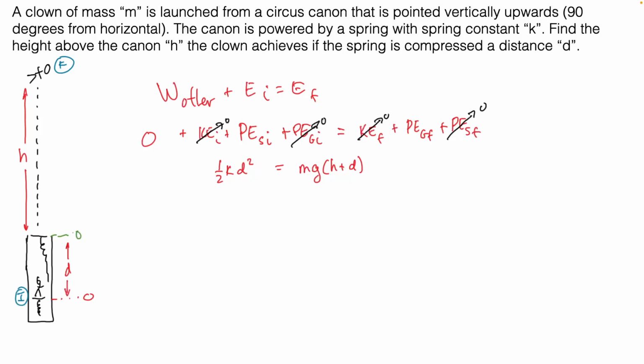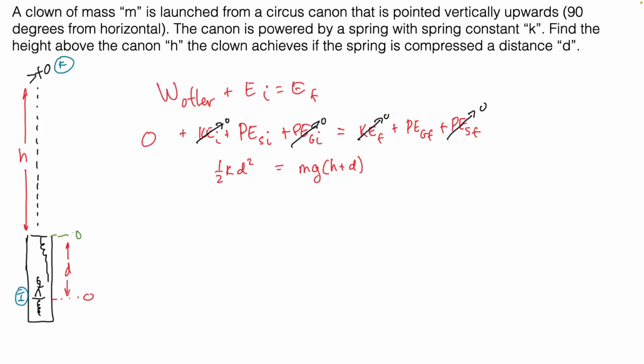H plus d, to get that full distance. It's the final gravitational potential energy with respect to the 0 that we picked down there at the bottom. Okay. What am I looking for? Height. Oh, h.